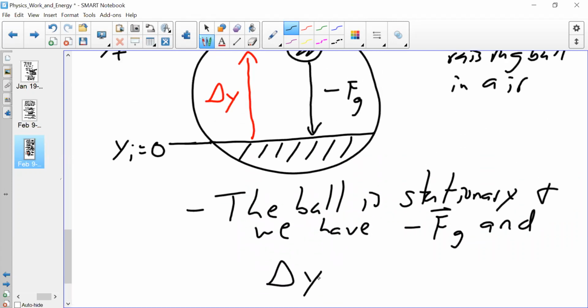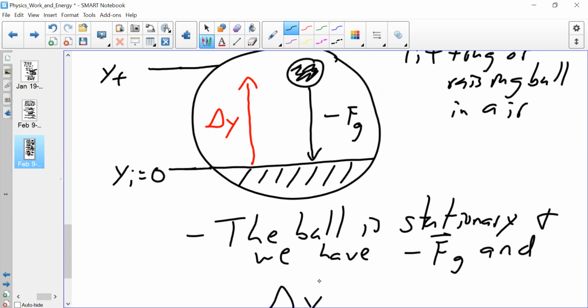Now here's a question to you. The ball is in the air, it's at rest. How much work does the Earth do at this point? We have force due to gravity and we have a displacement. How much work does gravity do on the ball, the force of gravity do? Now remember, the ball is at rest. It's not moving.